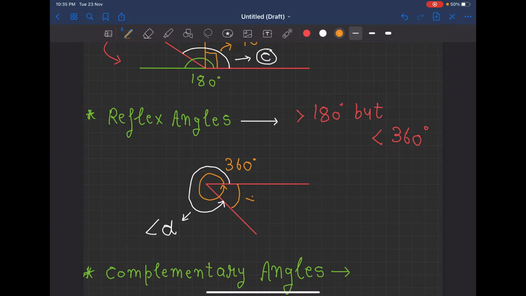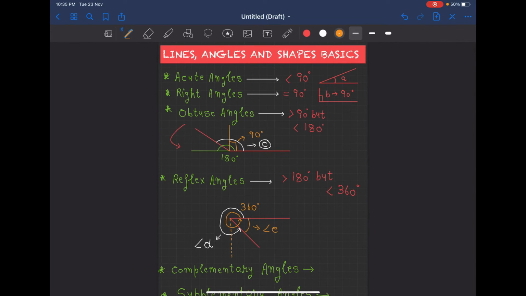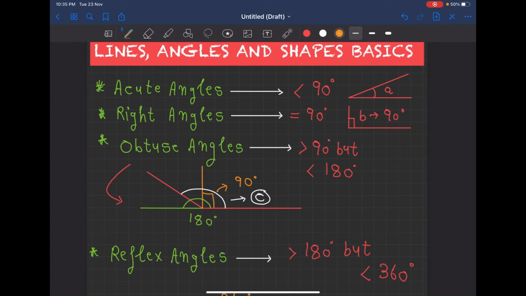Let's say it's angle E. What is this angle? This angle will obviously be an acute angle. Why? Because here's the 90-degree line, and you can clearly see that angle E is less than 90 degrees. So this angle is an acute angle.